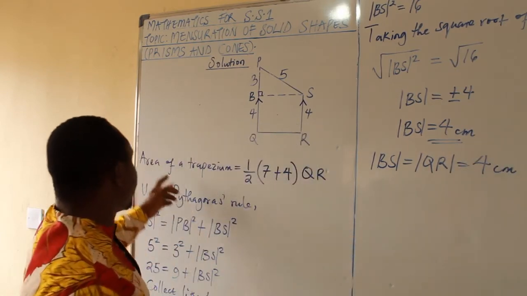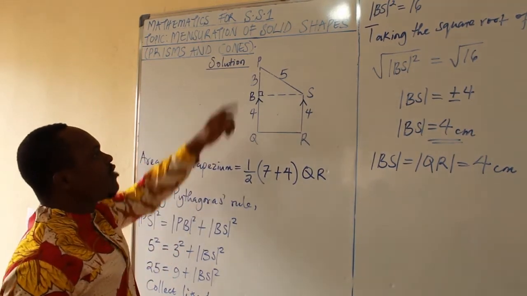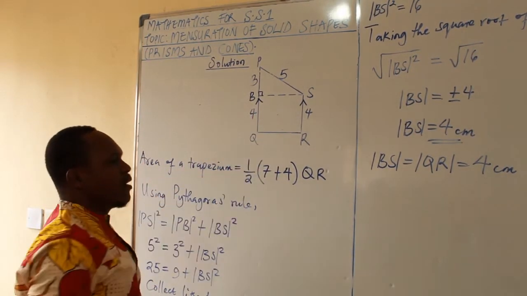Now we can comfortably find the area of the trapezium PQRS.